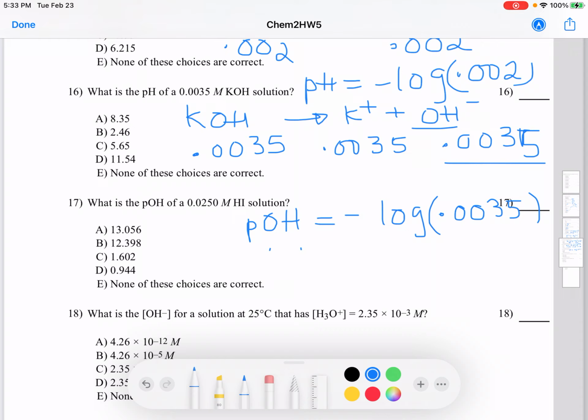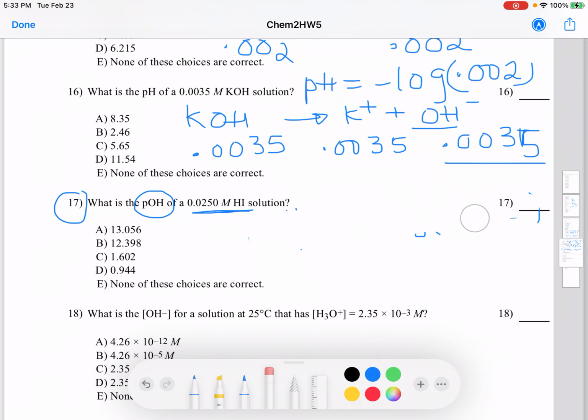Number 17 is what we are working on. What is the pOH of 0.025 molar HI solution? You want to find out pOH, HI. This is an acid. Once you find out the acid pH, then you can convert it to pOH. HI in the water will give you H3O plus and I minus.